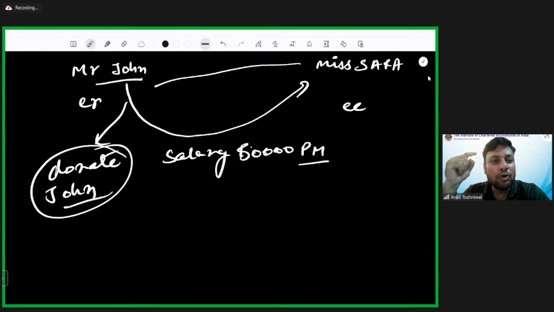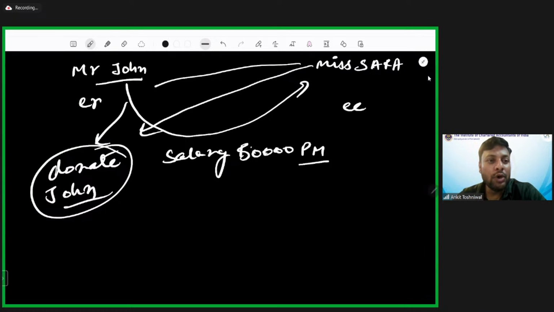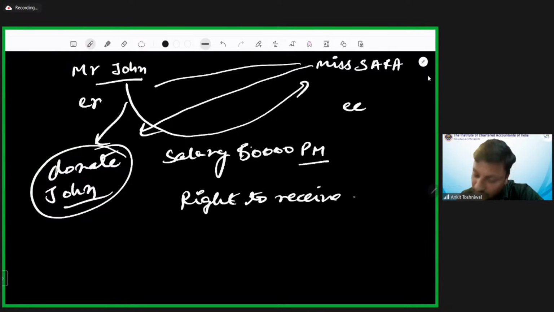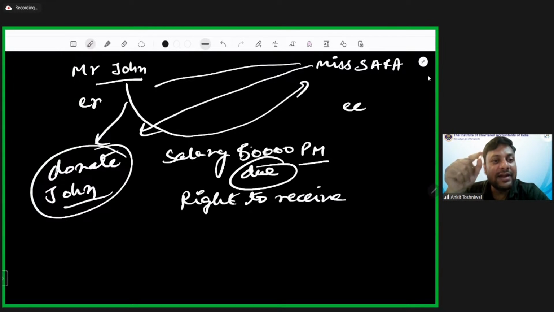Have you studied the concept of application of income? See, Sarah can donate this salary only if she has received the right to receive this salary. So if it is due and Sarah denied to receive it, or Sarah says donate it to somebody else, or Sarah says I don't want this salary, or either Sarah donates it to John itself, this is only an application of income.